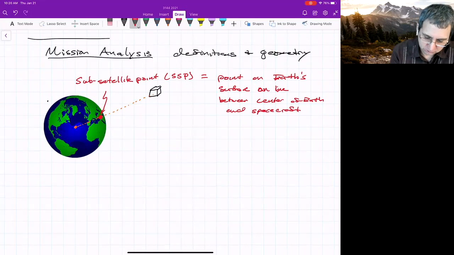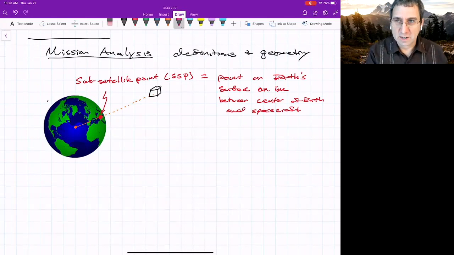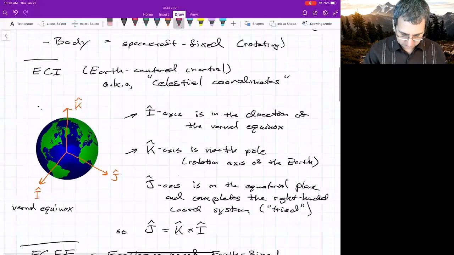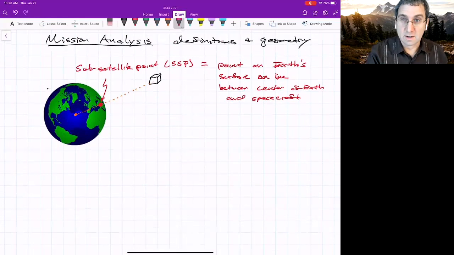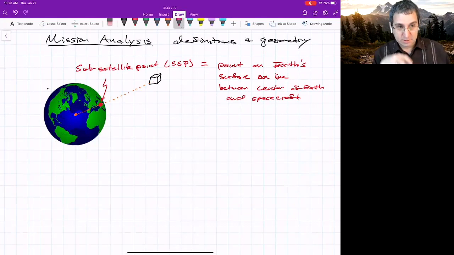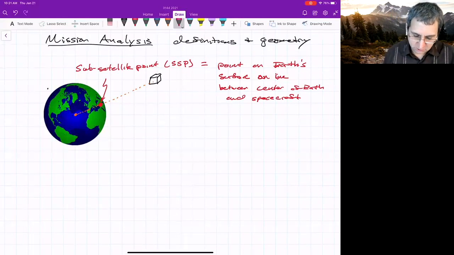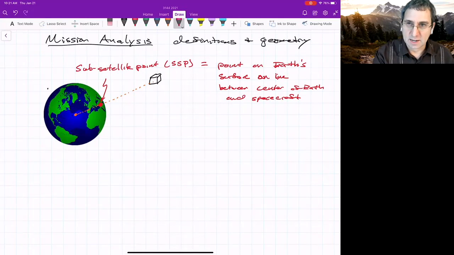The spacecraft will also have the direction in which it can view things is important. Whoa, I don't know what just happened. That was not intended. So the spacecraft can see, up in the sky, can see the sub-satellite point and some region around it. So that region that it can see around it also has a name. It's called the instantaneous access area.